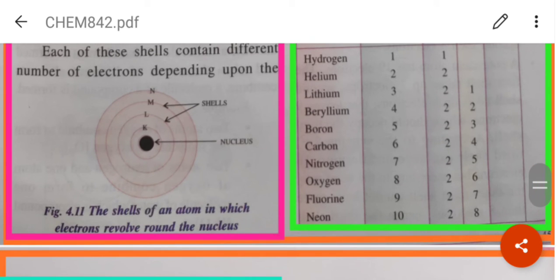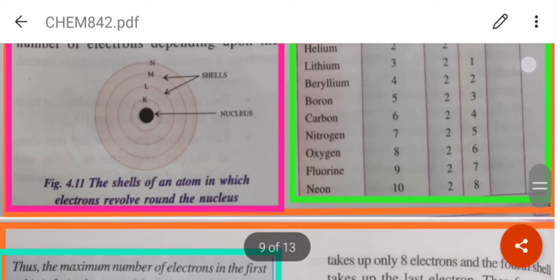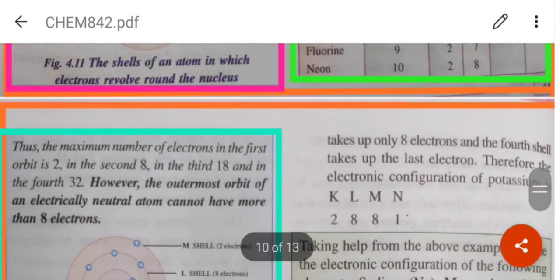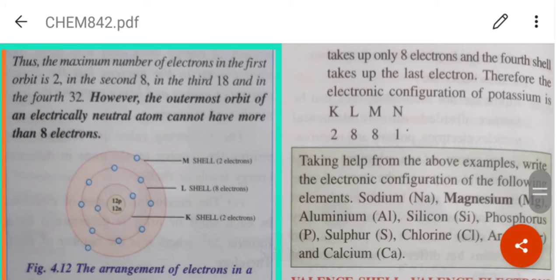Carbon, 6: in the first shell 2 electrons, in the L shell 4 electrons. Oxygen, atomic number 8: first shell 2 electrons, second shell 6 electrons. Now the maximum number of electrons in the first orbit is 2, in the second 8, in the third 18, and in the fourth 32.